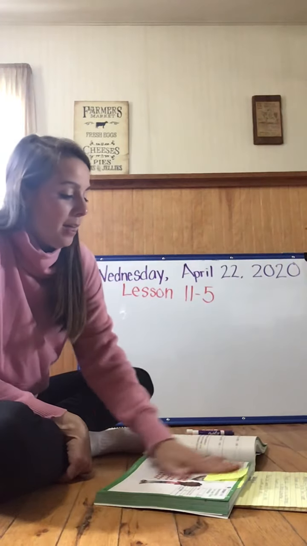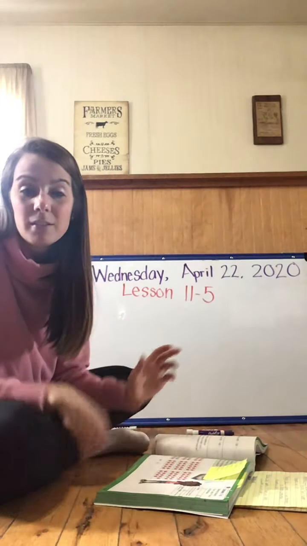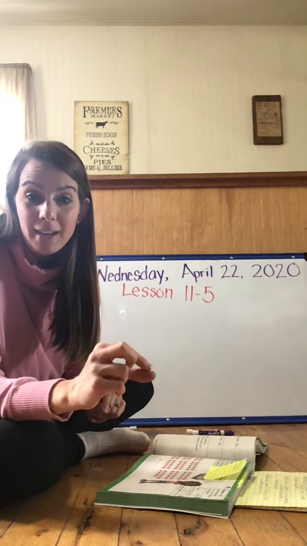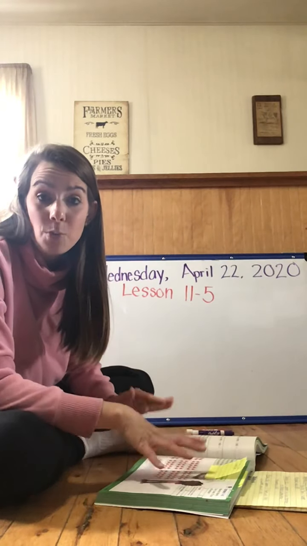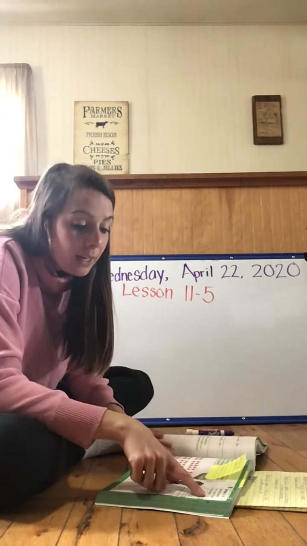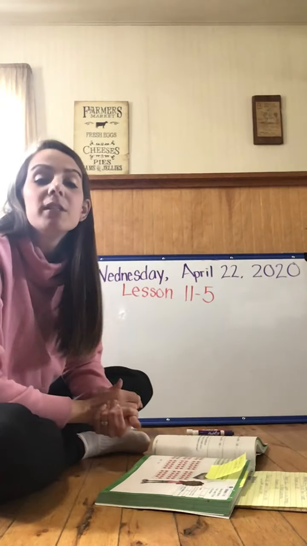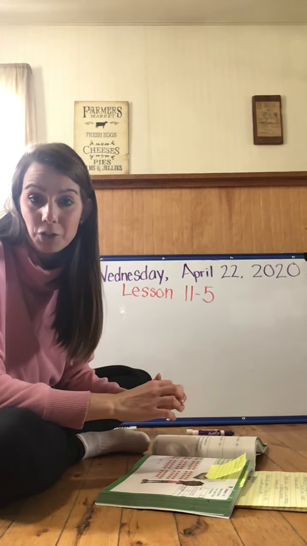Now, I wish I had some fancy computer that I could show you my screen, but I'm just going to bring my book up to my iPad so I can show you the 10 frames that are in our book, because I don't want you to miss out on seeing these 10 frames. So today we're working on 11-5, and that is talking about using mental math to think what is 10 less than a certain number.